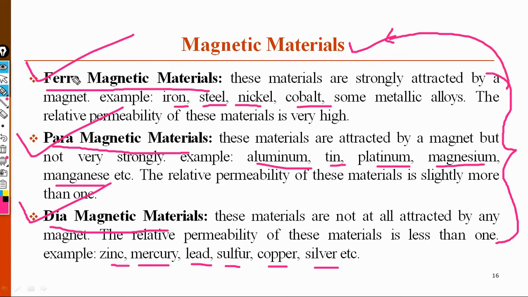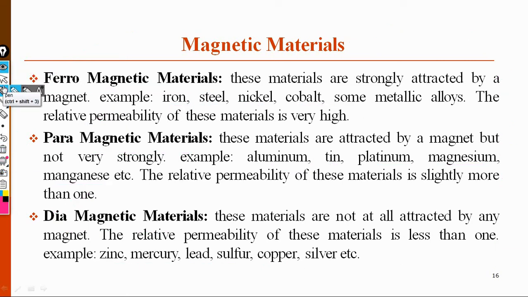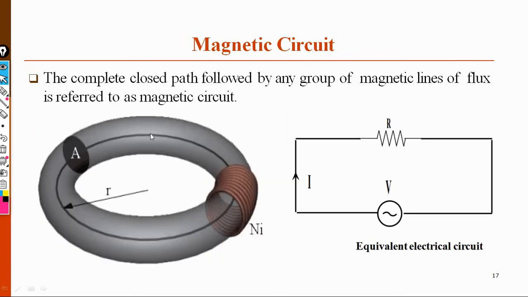This is a very simple concept of magnetic material, which depends on ferromagnetic, paramagnetic, and diamagnetic materials. This is the important concept of magnetic materials in magnetic circuit.